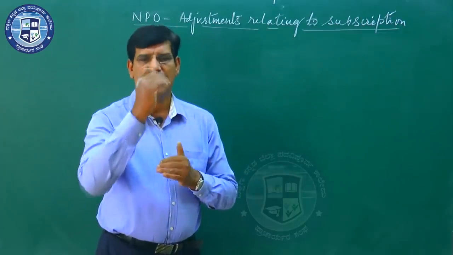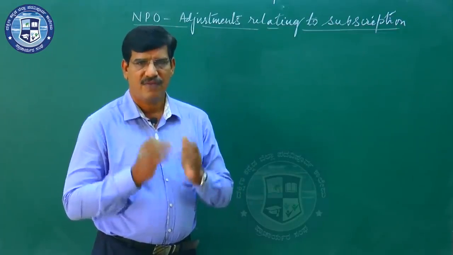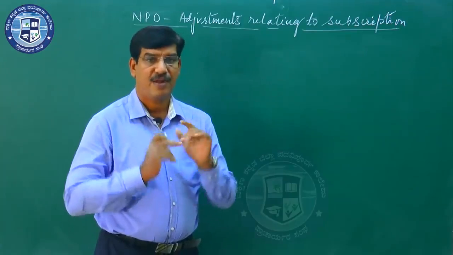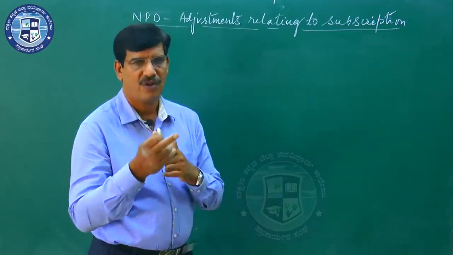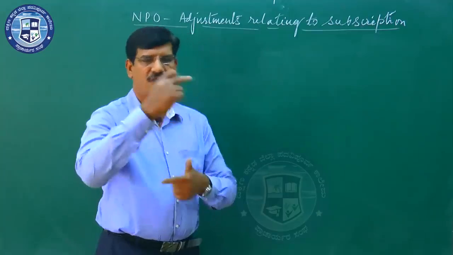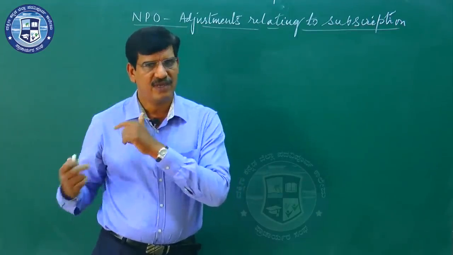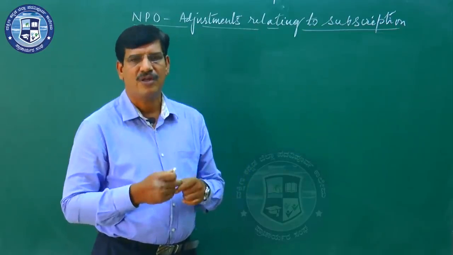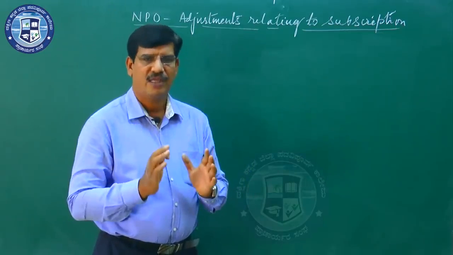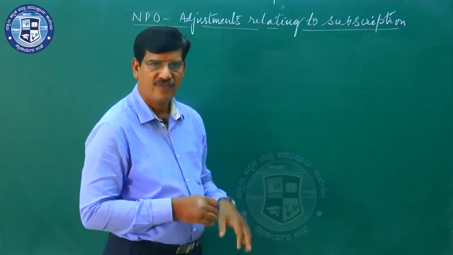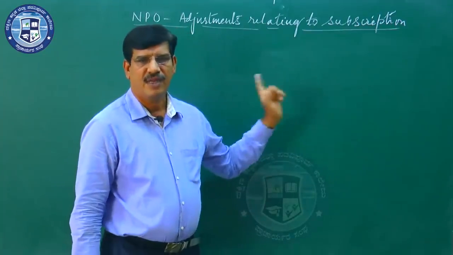Only these three major adjustments are given. The variety is less, but the number of adjustments may be more. The outstanding of previous year, outstanding of current year, advance of this year, advance of next year. So like this, the number may be more, but normally there will be less variety of adjustments in income and expenditure account.